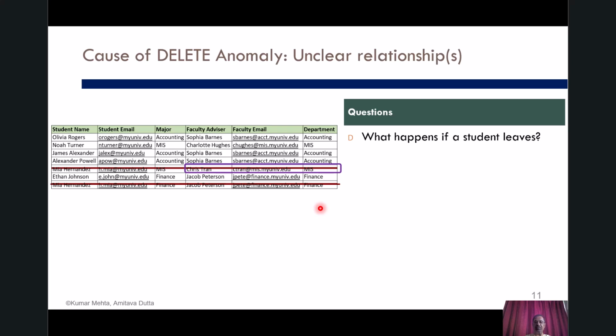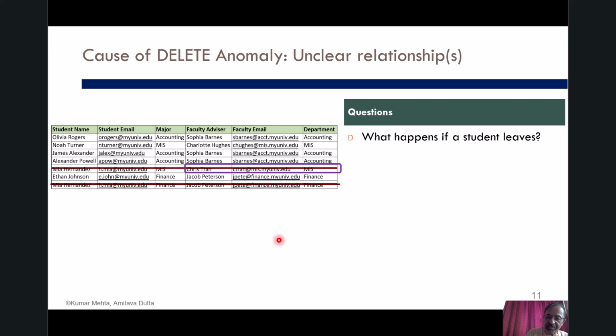In this case, it was Chris Tran. By Mia Hernandez leaving, the fact that Chris Tran is an advisor, that information also got removed. Okay. So the relationship between the student and advisor, whether they must have an advisor and so forth, those are unclear at the moment. So these are things we need to sort out as we work our way towards a more desirable structure.